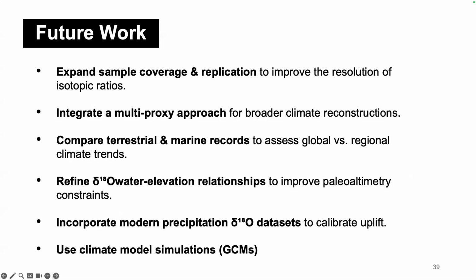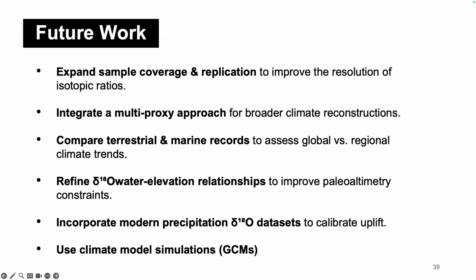Refining the delta 18O water elevation relationship specific to Patagonia will also be crucial. Incorporating modern precipitation delta 18O water datasets will help to calibrate models of Miocene atmospheric circulation and uplift rates. Comparing these results with climate model simulations will further assess the role of CO2 levels and the Andean uplift in shaping temperature and precipitation gradients.